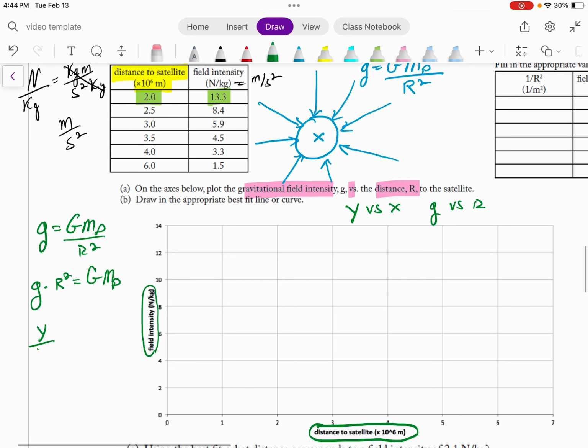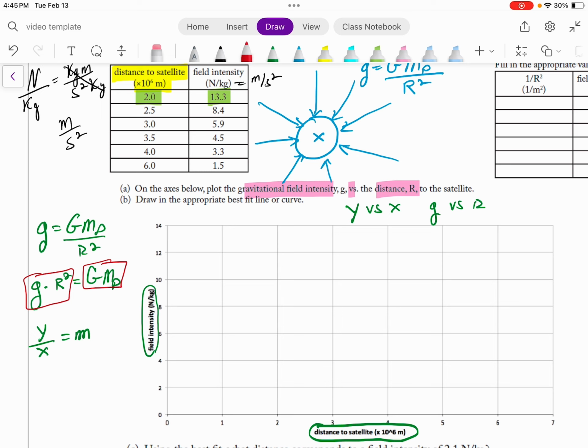We have y over x equals some constant, which we call slope. This value on this side is definitely a constant. That's big G times the mass of the planet. The mass of the planet's not changing. And then we have on the left-hand side of the equation, g times r squared. And that is our two variables.